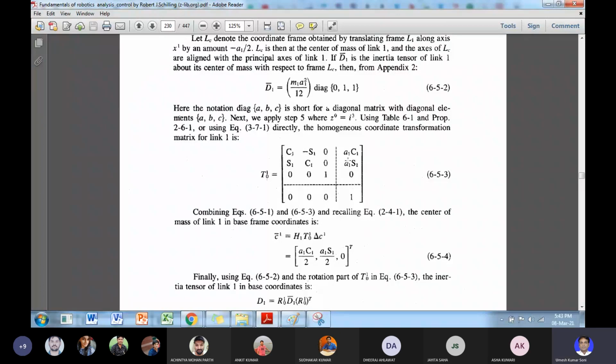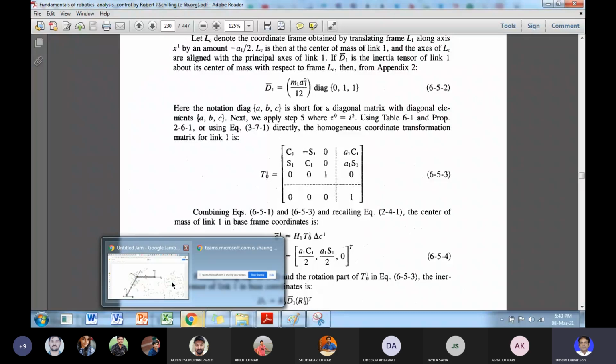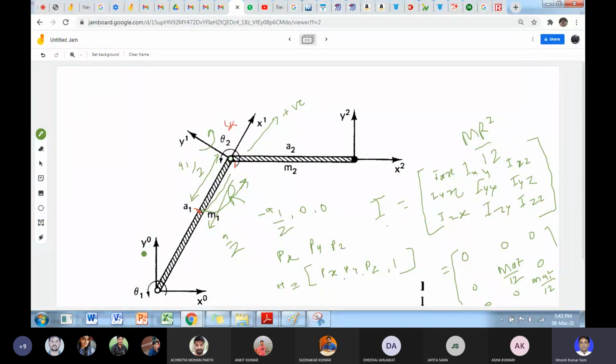If A1 is the length, then A1 cos theta and A1 sin theta will be the position of this coordinate. So suppose this is A1 and this is theta 1.